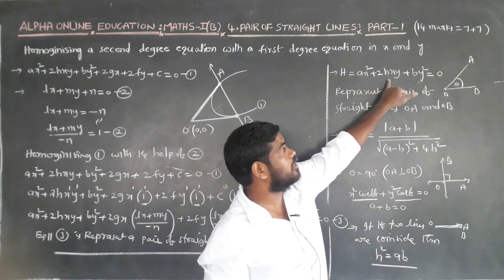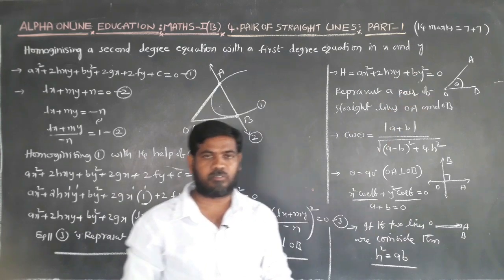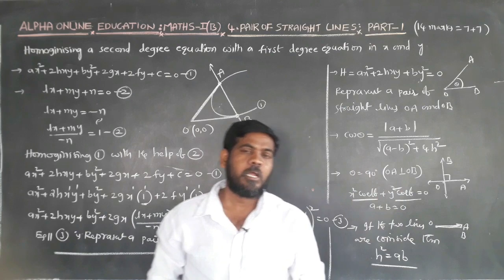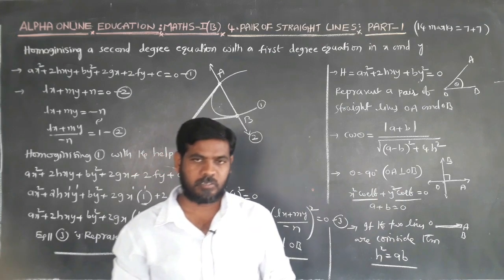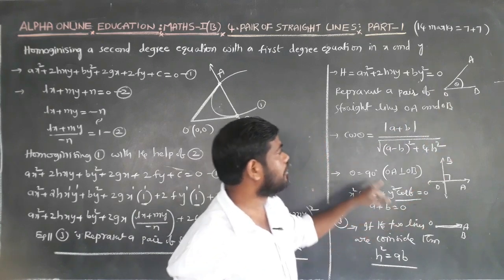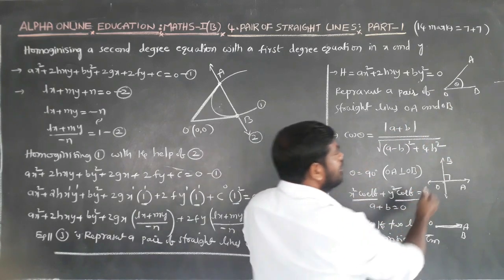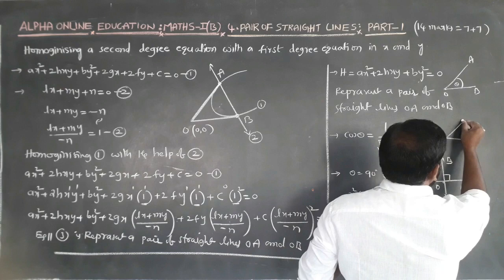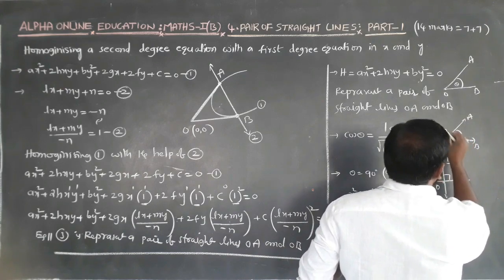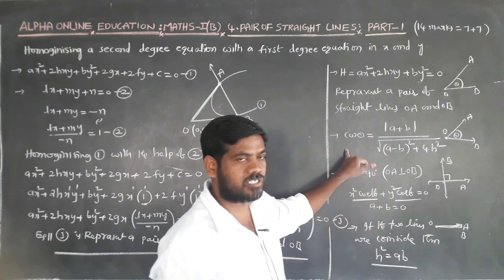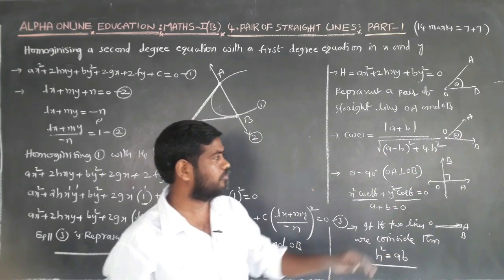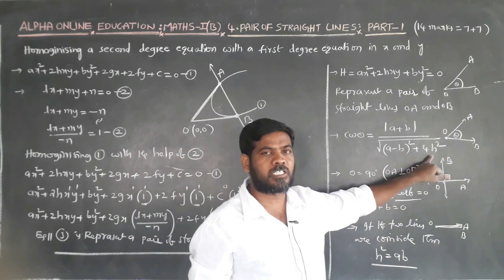ax square plus 2hxy plus by square equal to 0 represents a pair of straight lines passing through the origin, that is, lines OA and OB, and theta is the angle between the two lines. Then cos theta is equal to mod of a plus b by under root of a minus b whole square plus 4h square.